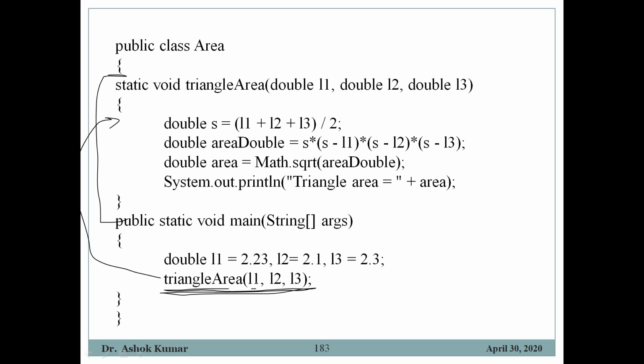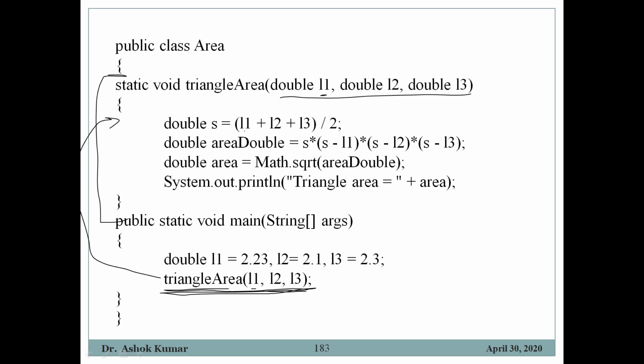Here L1 will be passed to the first parameter L1. The actual parameters are L1, L2, L3, and the dummy parameters are also L1, L2, L3. These two sets of names can be the same, but their scope is different, so we can use this.